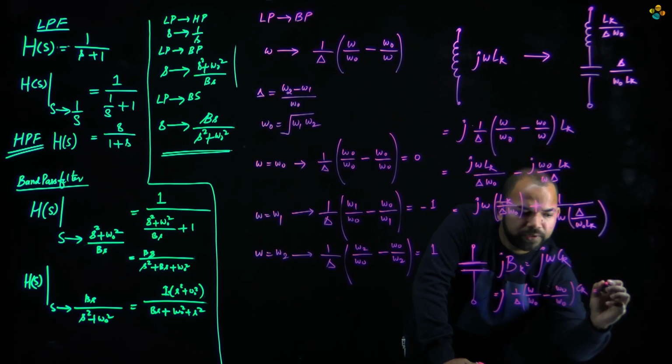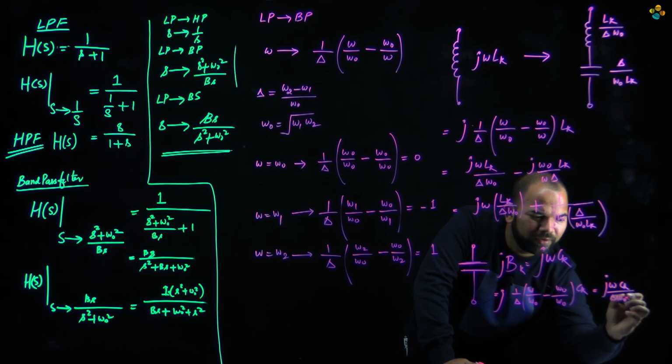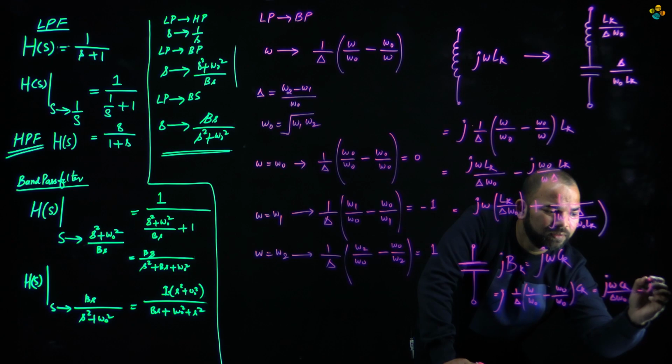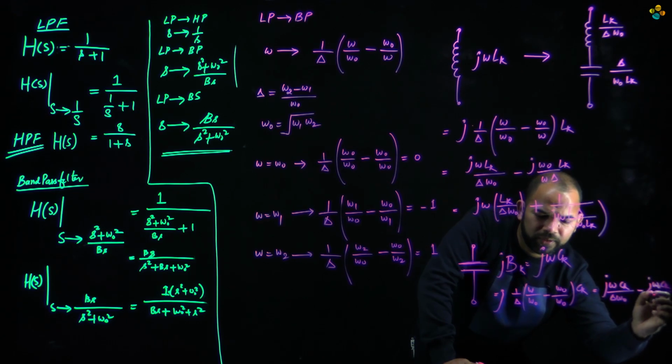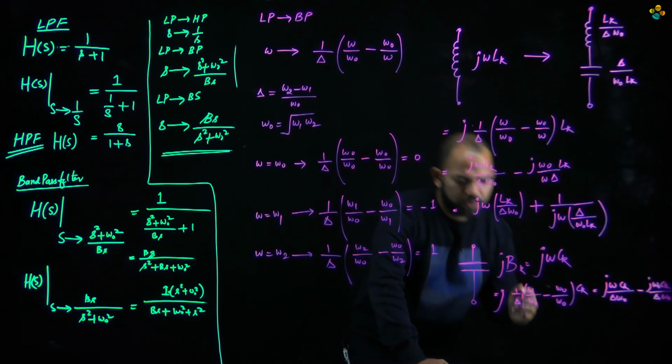So this is going to be j omega Ck divided by del omega naught, and this is going to be minus j omega naught Ck divided by del omega. Okay.